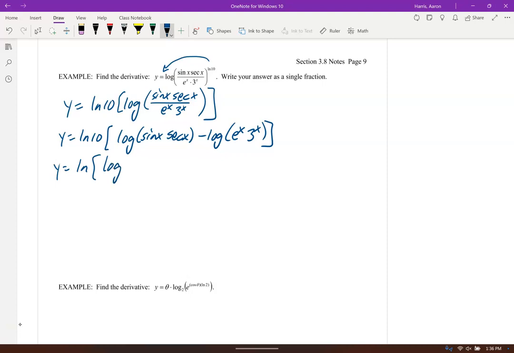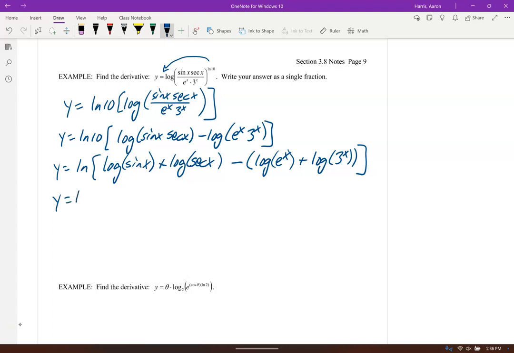So product rule, sorry, log of sine plus log of the secant, and then minus, and then I'm going to expand these, log of e to the x plus log of 3 to the x. Notice that that minus will apply to both of those. So that's going to be minus log e to the x minus log 3 to the x.